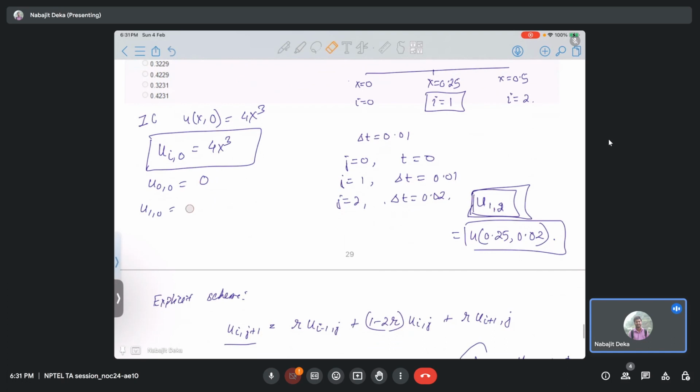No, sorry, u(1,0) will be 4 into 0.25 cube, that will be 0.0625. u(2,0) will be 4 into 0.5 cube. It will be 0.5, I think.